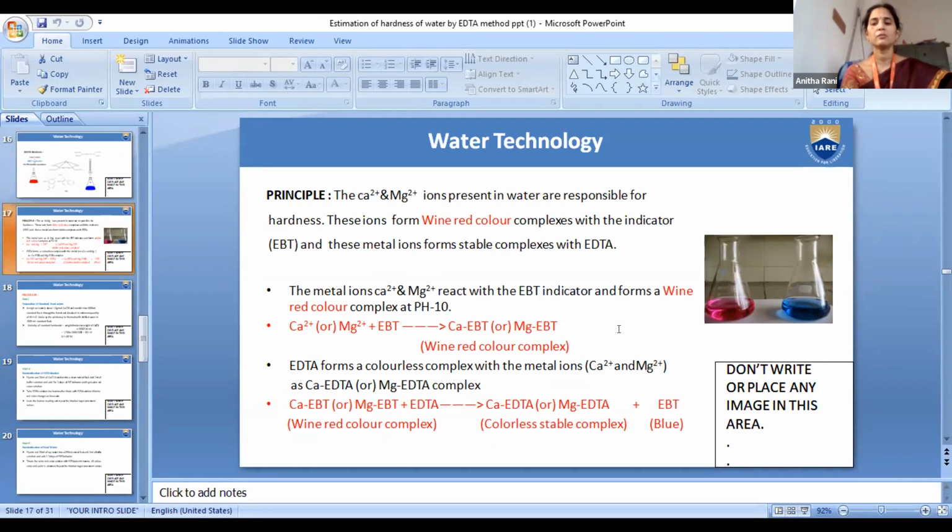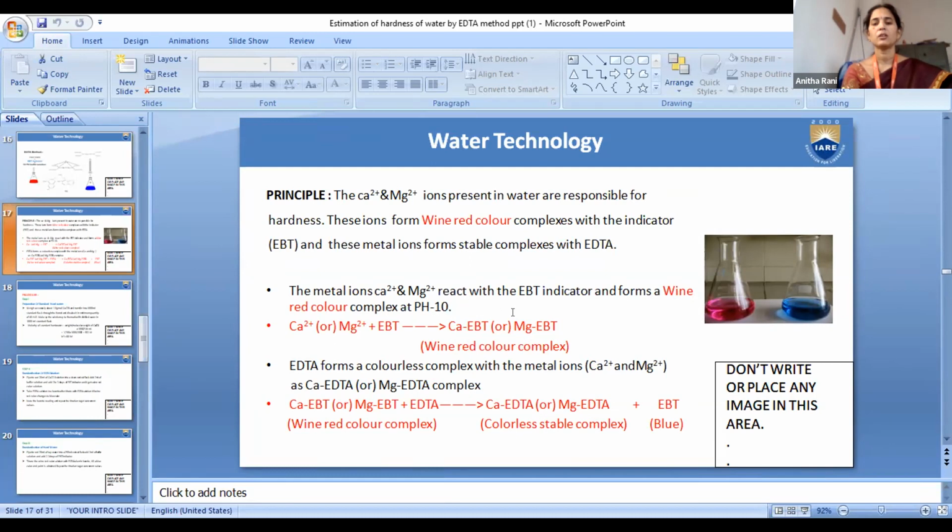Immediately a color change takes place: a wine red colored complex, because EBT reacts with the calcium and magnesium present in water. Otherwise, the sample will be blue, because EBT is a blue colored indicator. Only if hard salt is present will you get the wine red complex.